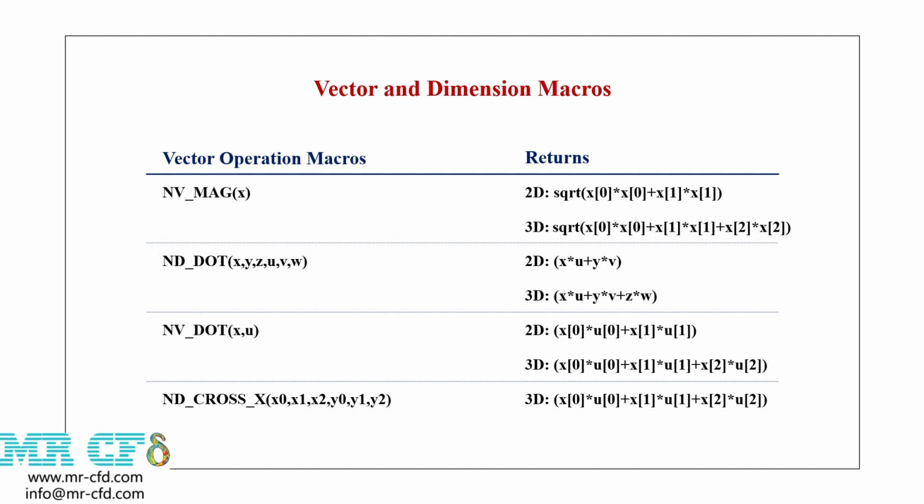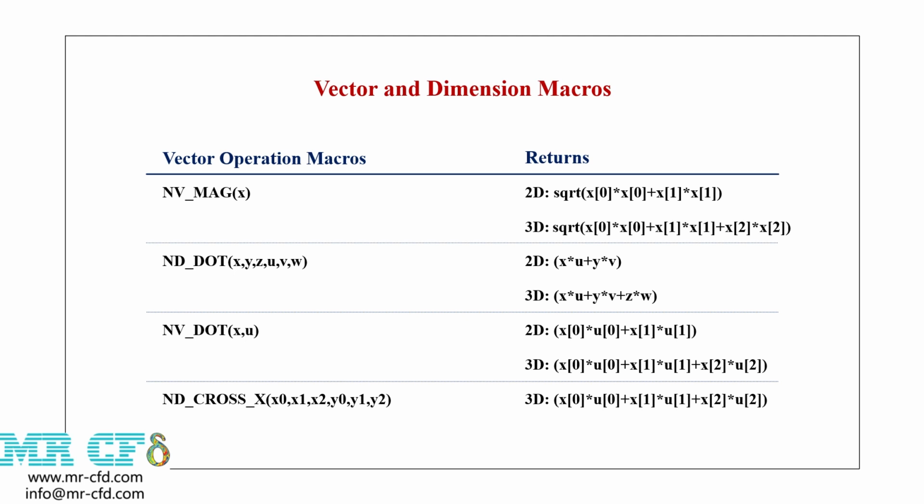The ND_DOT macro is used to calculate the dot product of vectors. It means that the corresponding components of two different vectors, i.e. x component with each other, y component with each other, and z components with each other, are multiplied by each other, and ultimately the resultant values are added together. The NV_DOT macro also works similarly to the ND_DOT macro.